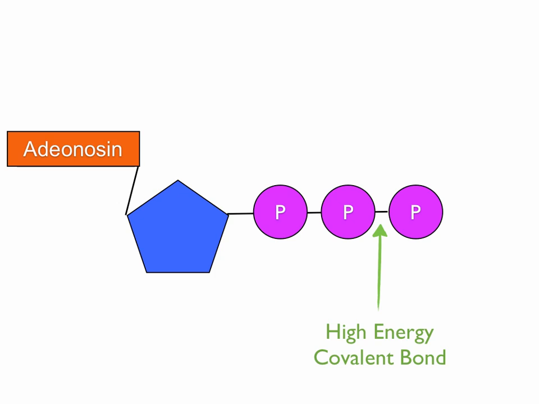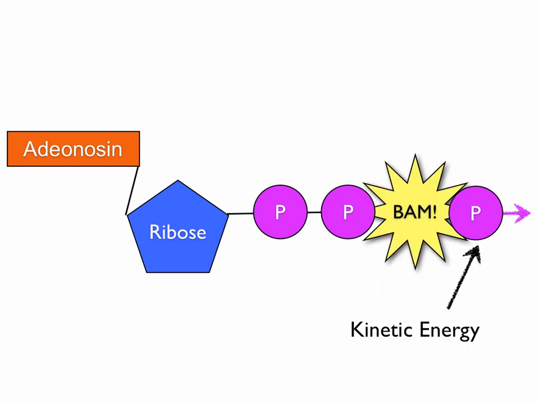When that happens, you get ATP, and that results in a high energy bond between the second and the third phosphate here in an ATP molecule. When that bond is broken, there's a kinetic energy that is released that pushes the phosphate, the inorganic phosphate, away, and that kinetic energy is then captured by other components in the cell and used to do work. And here we are, we're back to where we started with ADP and Pi.